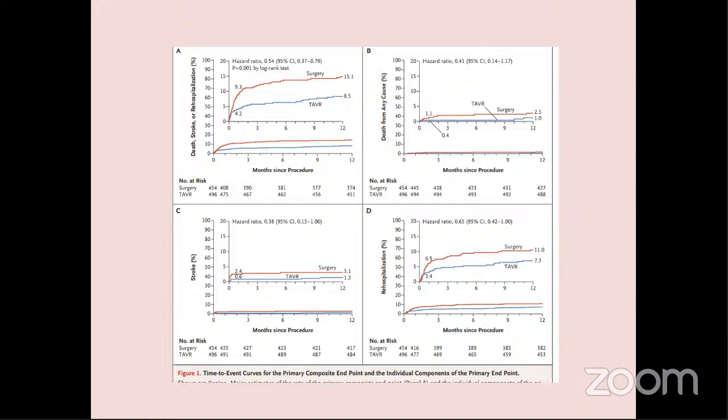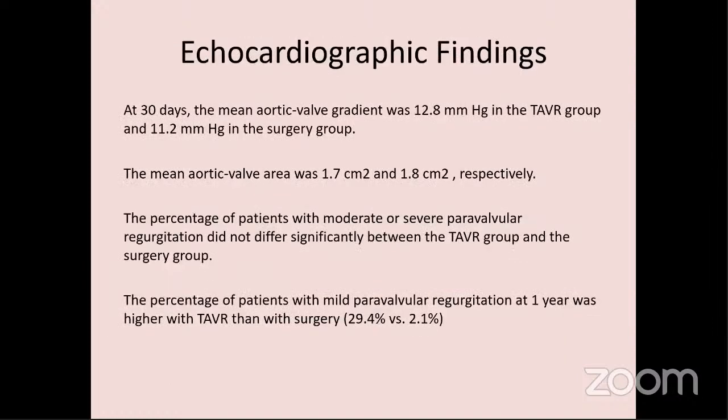Okay. The echocardiographic findings at 30 days: the mean aortic valve gradient was 12.8 in the TAVR group and 11 in the surgical group. The mean aortic valve area was 1.7 in the TAVR and 1.8 in the surgical. Strange that it's larger; this is one of the things I was surprised by.